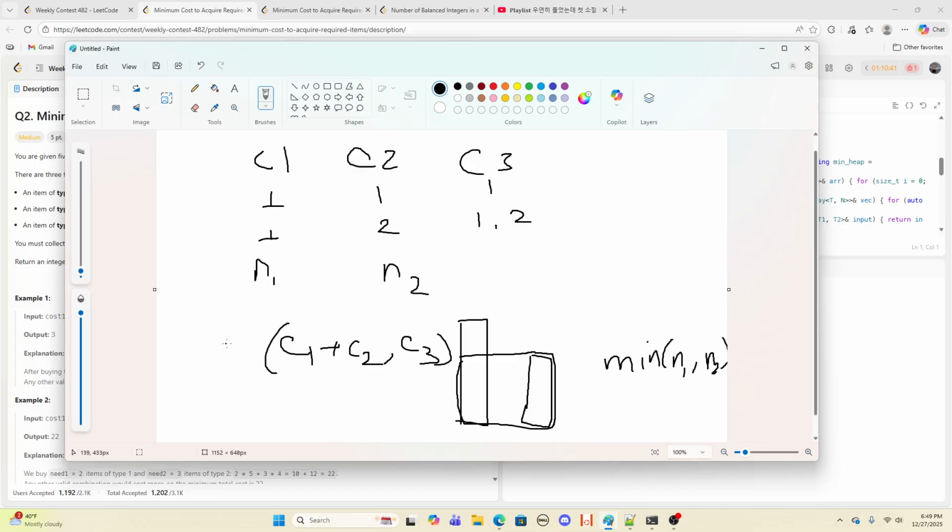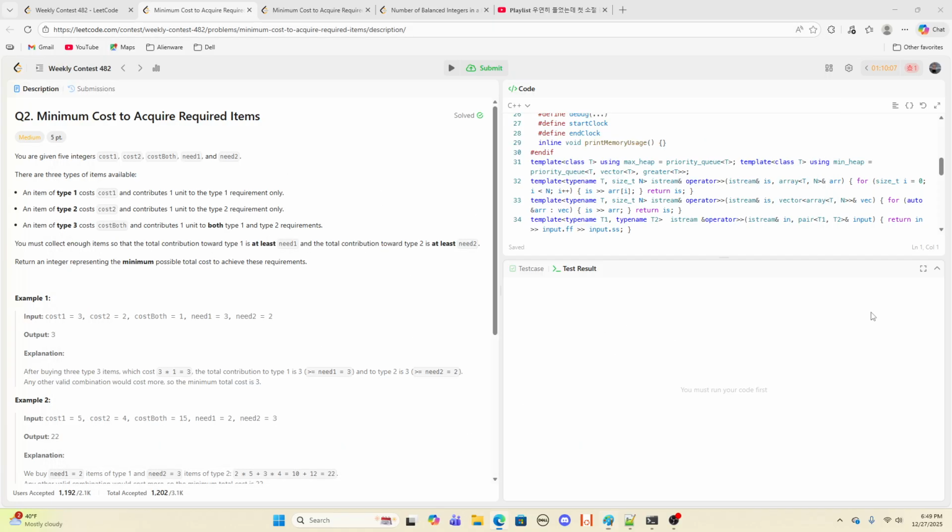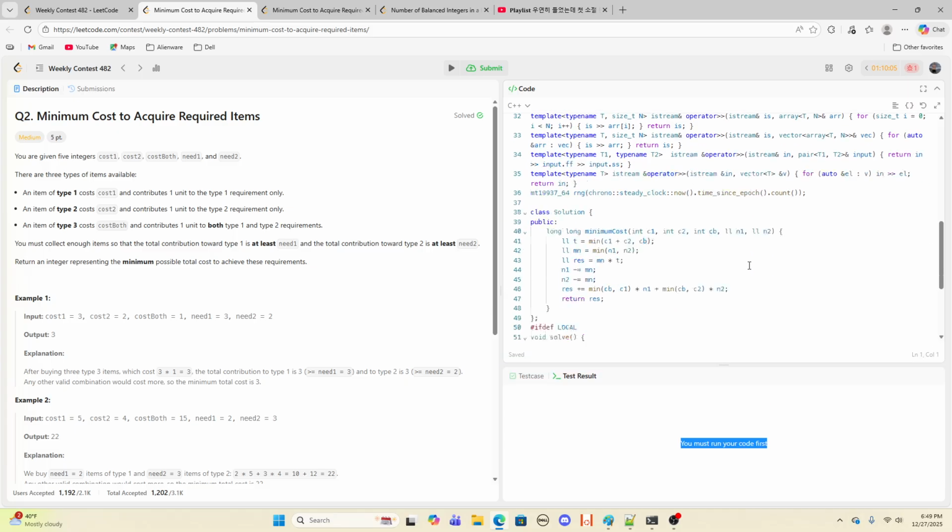And this whole thing will cancel this part out. Now this remaining part, you continue to do the same. You're going to do min of C1, C3 times this remaining, or min of C2 right here. Yeah, that's it. So the code is just this.